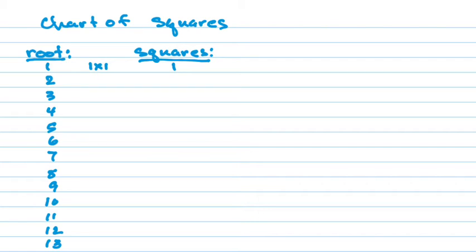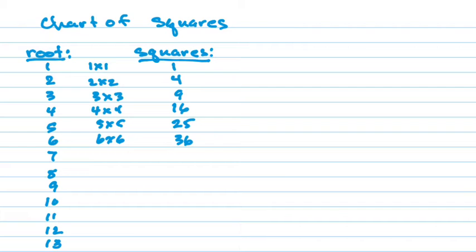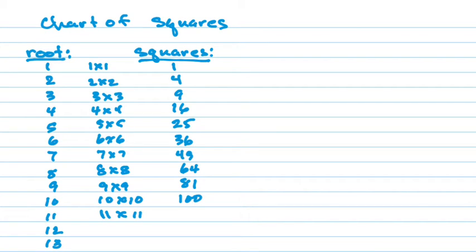But that's because it's 1. 2 is 2 times 2, which is what? 4. 3 times 3 makes 9. 4 times 4 makes 16. 5 times 5 is good. 6 times 6. 7 times 7. 8 times 8. Good. 9 times 9. 10 times 10. Good. 11 times 11. Excellent. 12 times 12.